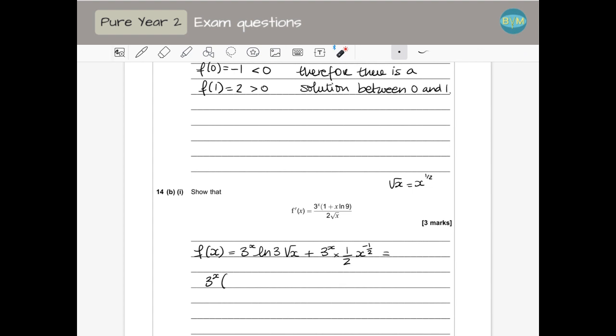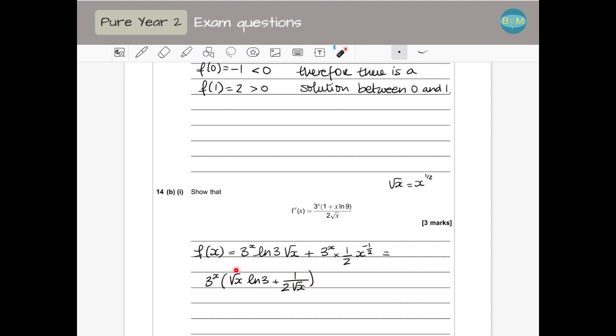So now we have to make this look like this one. We have a bracket, and outside we have 3 to the power of x. We can start doing that because we have 3 to the power of x in both terms. So I can write 3 to the power of x and then a bracket. Here I have ln 3 root x, or root x ln 3. Then I can put this in the denominator as 1 divided by root x, so plus 1 divided by 2 root x, because I have a root x in the denominator and it's going to come from here.